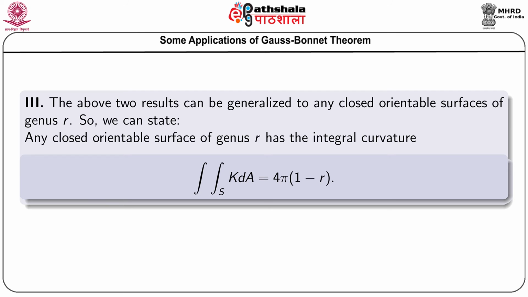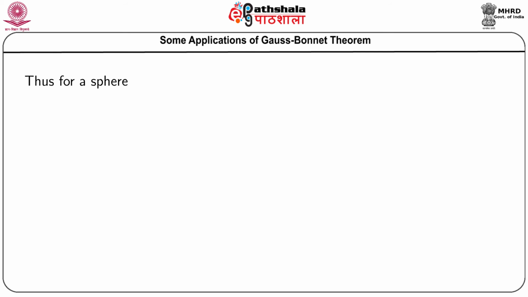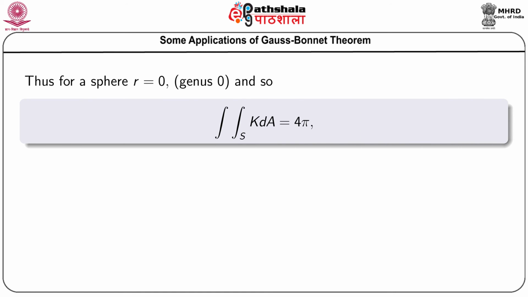So, from this result, the previous two observations come easily. That is, for a sphere R equals 0, because a sphere is a surface of genus 0, as it has no hole, and so putting the value of R, we get the integral curvature equal to 4 pi. And for the torus, we know it is of genus 1, with only one hole.